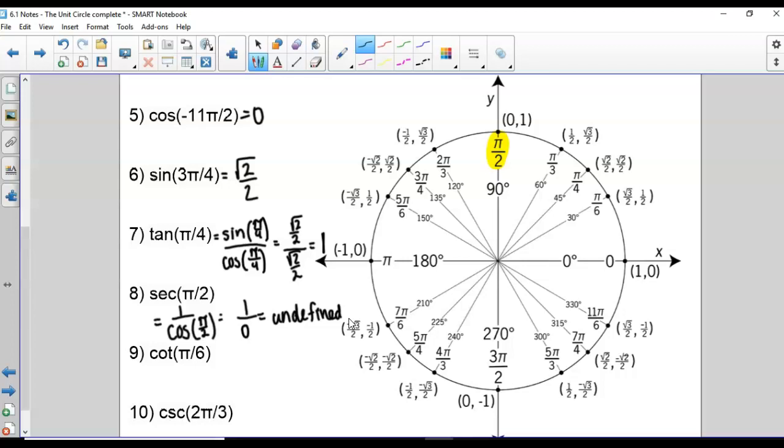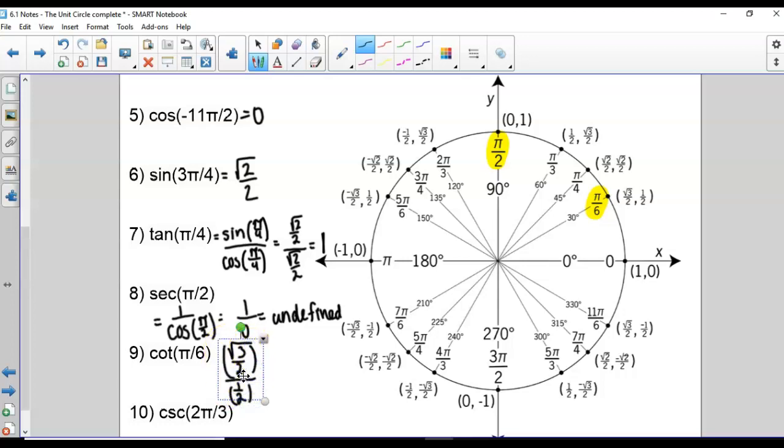Okay. Cotangent of pi over 6. So you would look at pi over 6 here. Cotangent is going to be cosine over sine. So that's the x coordinate, which is cosine, divided by the y coordinate, which is sine.